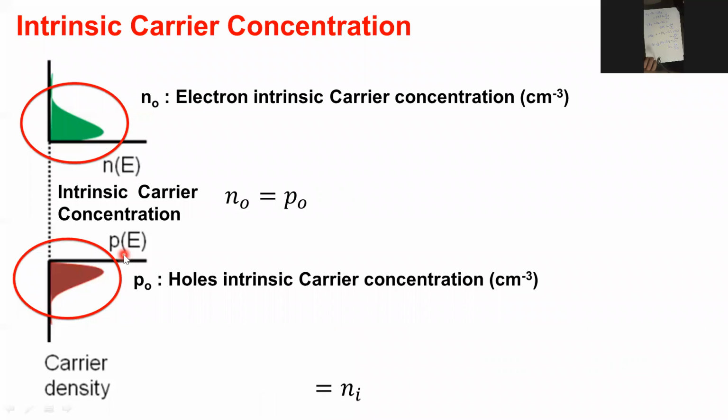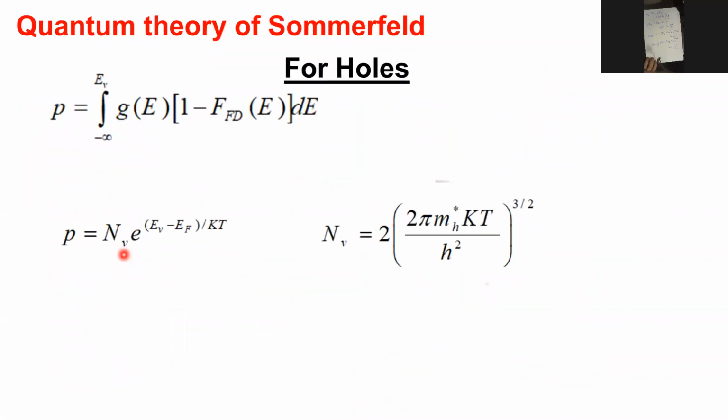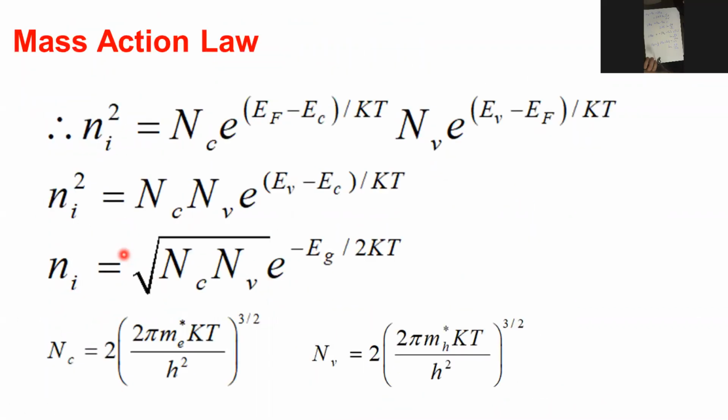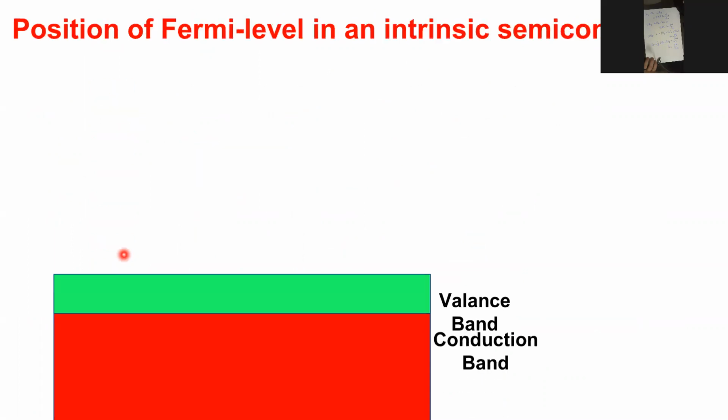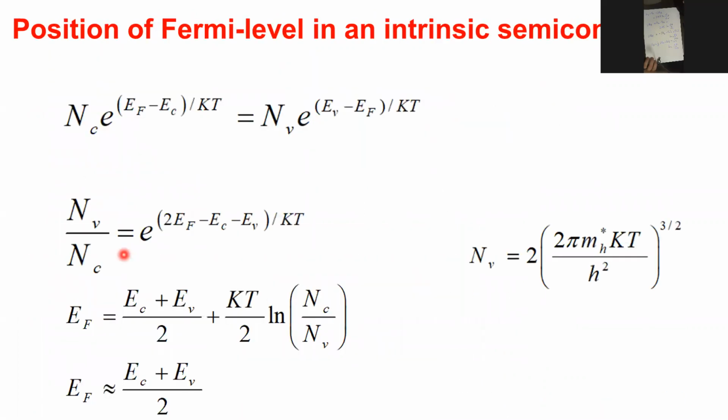Here, let's do it one more time. By equalizing these two equations together, as I just made a few seconds ago, you can easily reach an equation that says EF equals EC plus EV over 2 plus KT over 2 ln NC over NV.